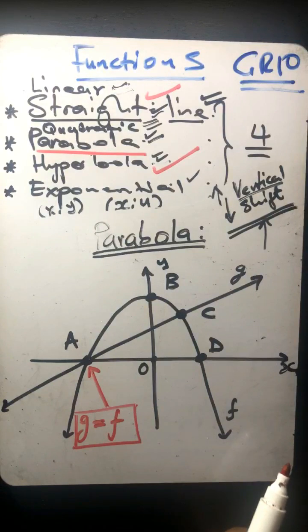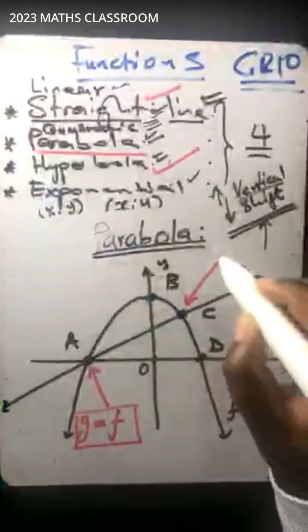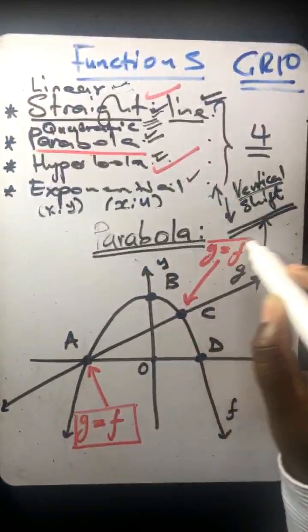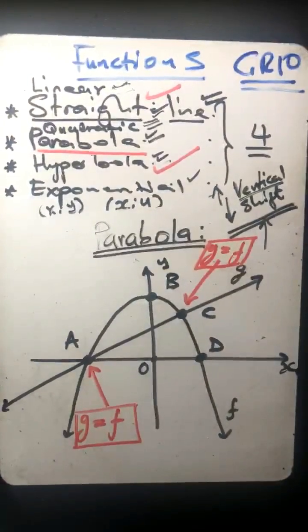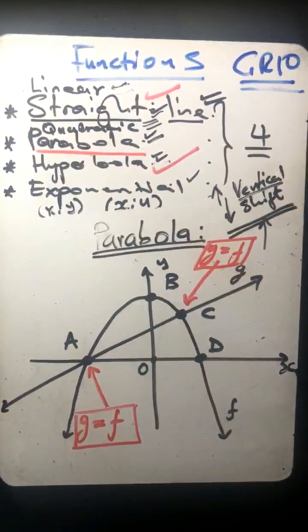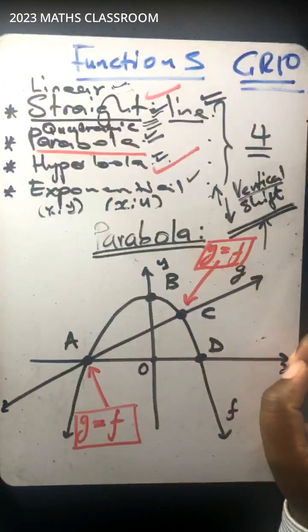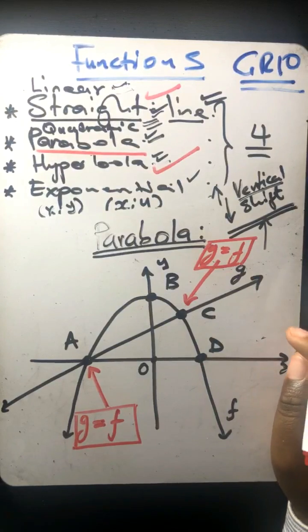Point C. Yes, even at point C, that's where the graph of F is equal to the graph of G. I'm telling you guys, the reason why you fail this type of question is that you don't know at which points the functions are equal. Not knowing how to interpret a given function is another problem that we'll also try to look at as we go deep.